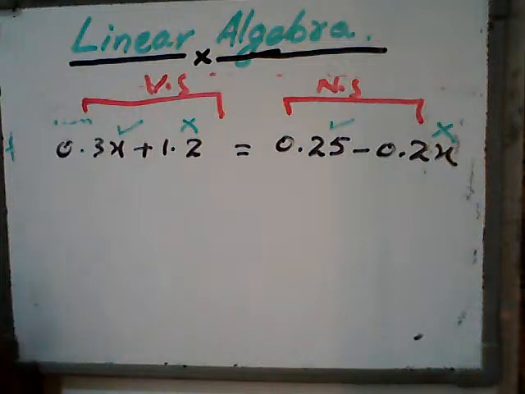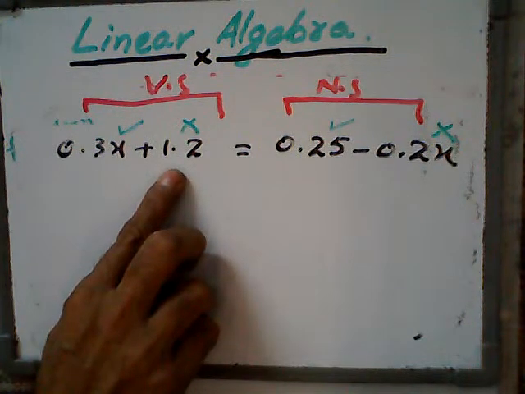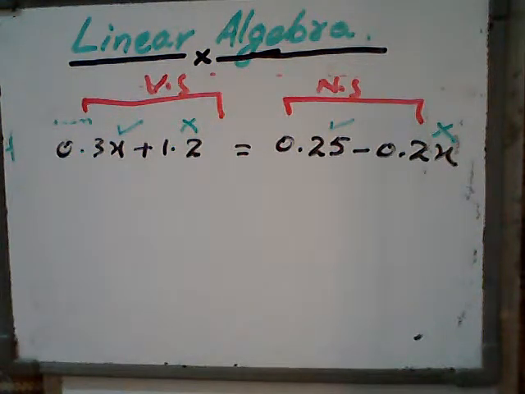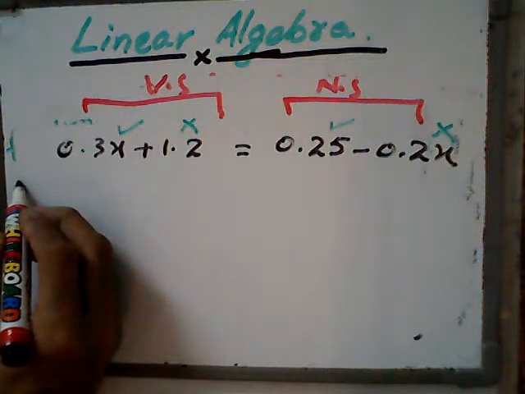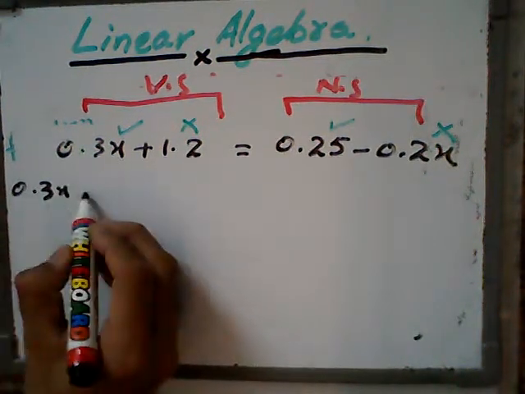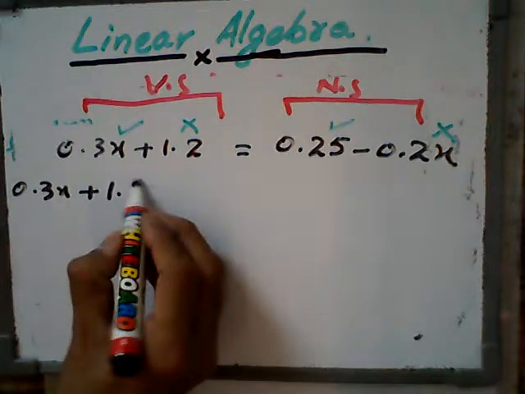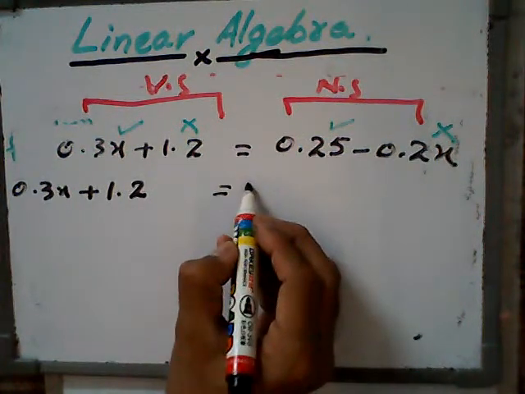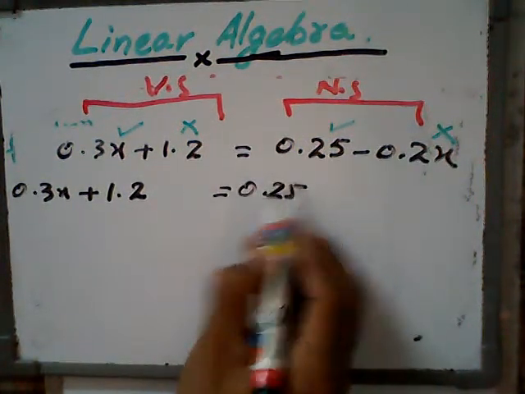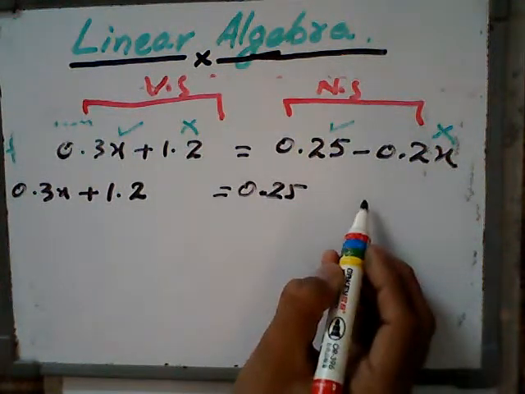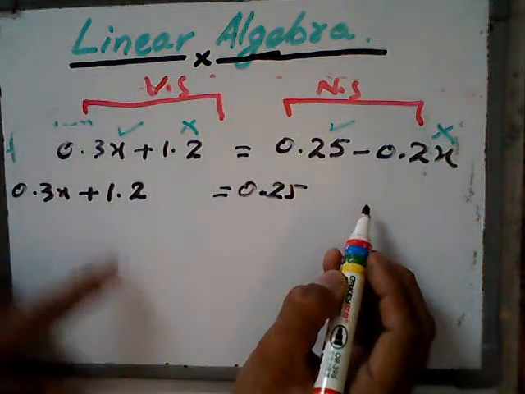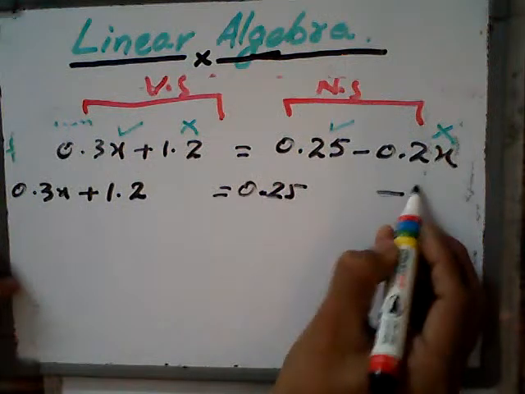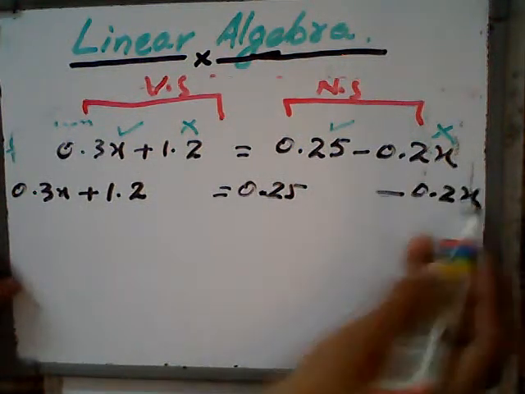Now we'll be solving this one first and keeping this one at the same place. It means we are writing the same question again. 0.3x plus 1.2 is equal to 0.25, and we keep space because the number will be going to the other side, minus 0.2x.